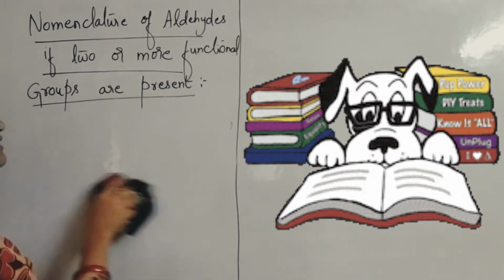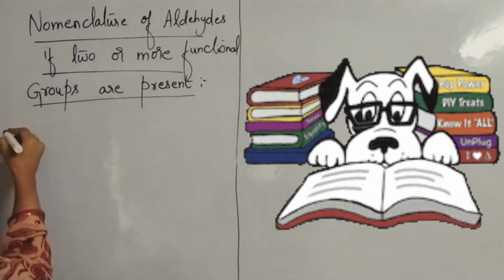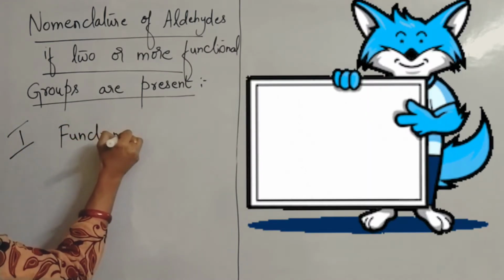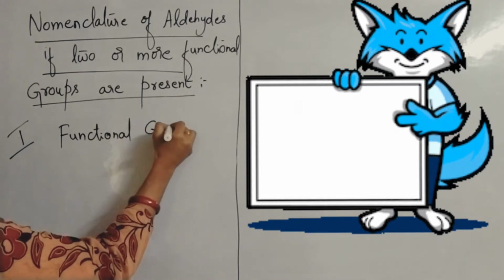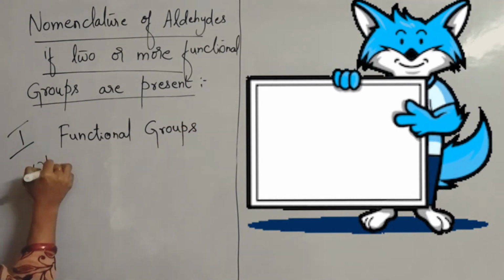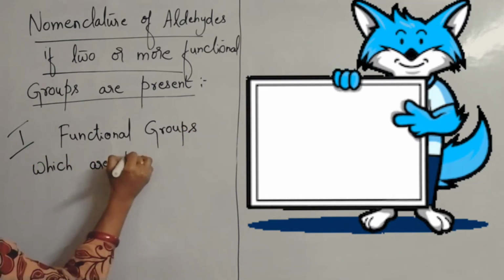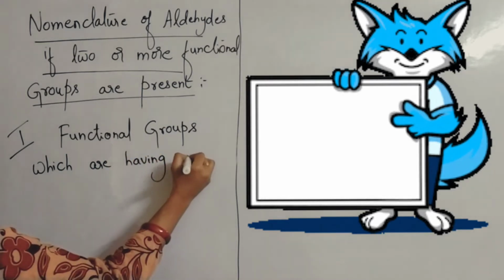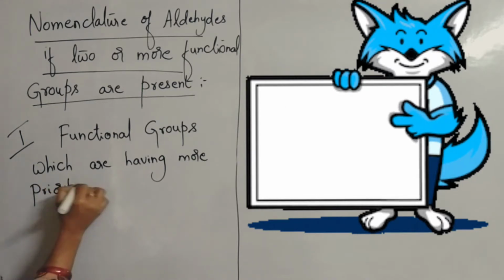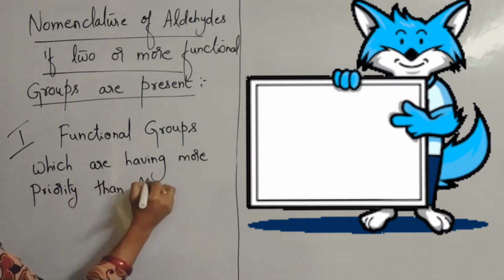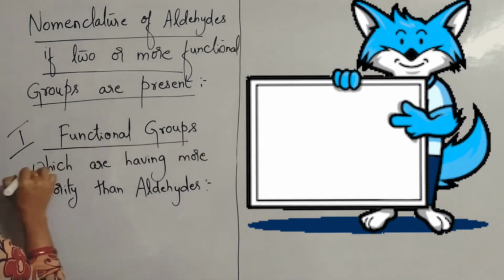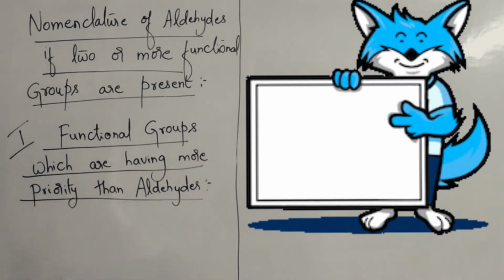Case 1: functional groups which have more priority than aldehydes. What are the functional groups which have more priority than aldehydes? Let us keep a side heading for that.